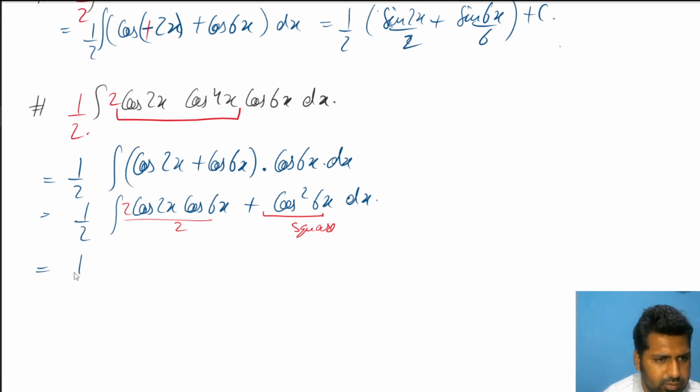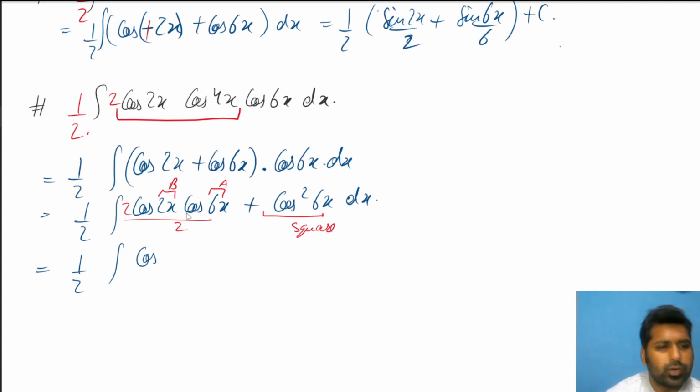Okay. So 1 by 2. This is integration of 2 cos a cos b. So cos a minus b. So again, one thing I told you is that you have to do like 2x minus 6x, a minus b. Or what you can do is you can take this as a and this as b. There is no constraint that the first angle has to be a, second one has to be b.